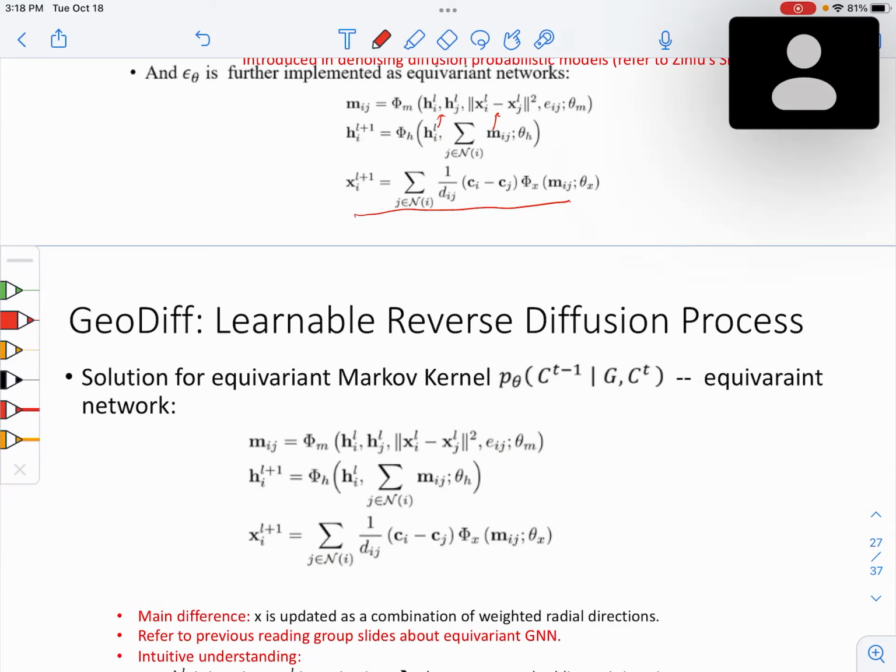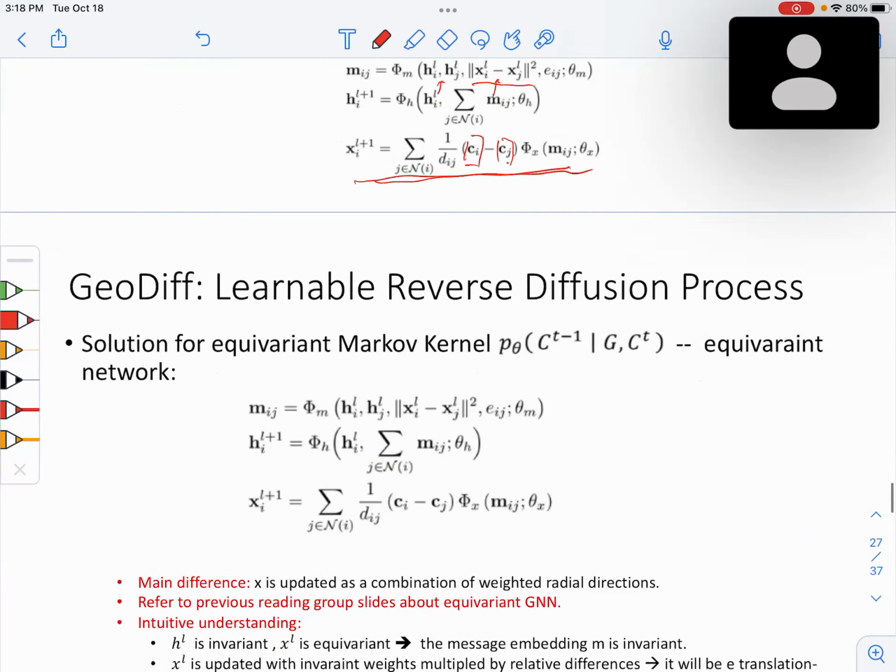And the coordinates x are updated as a combination of weighted radial directions defined here. Here, each of these Ci, Cj is a real coordinate, which is a 3-dimensional vector. And here this xi L plus 1 is a latent representation of their coordinates.